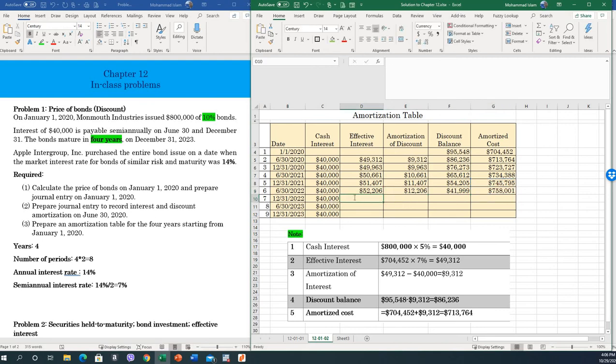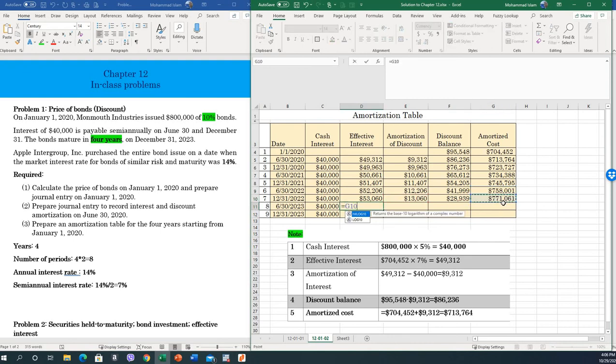Again, start with the previous year balance, and this one is minus this discount amortization, and it should be equal to the amortized cost plus this one, so total amortization.